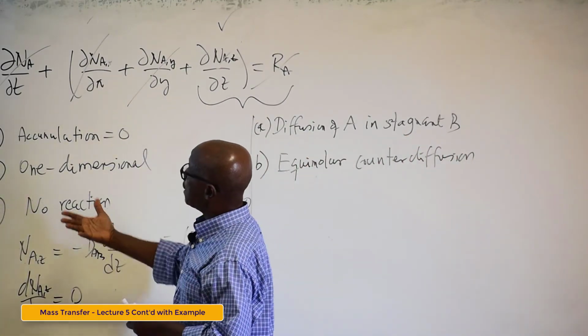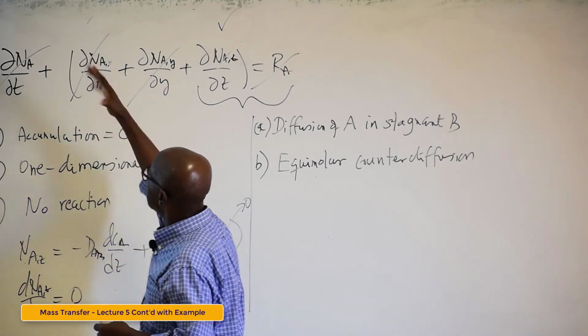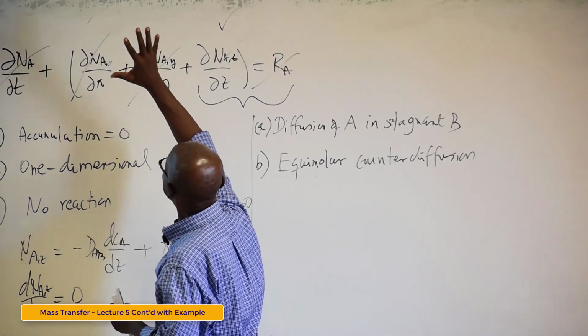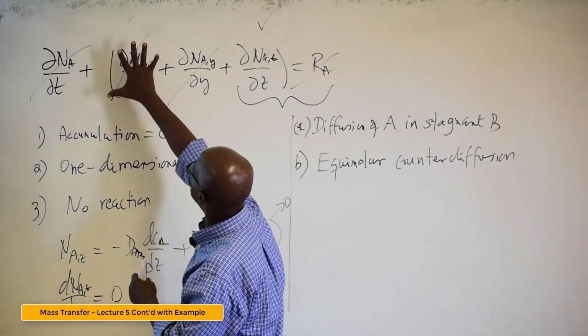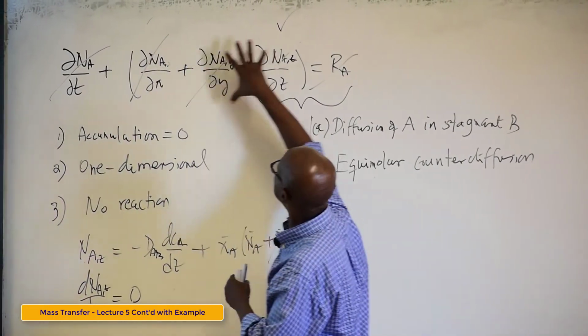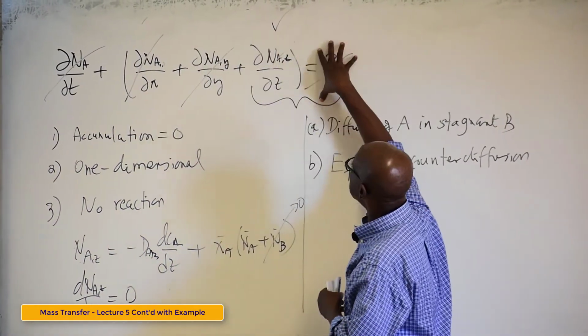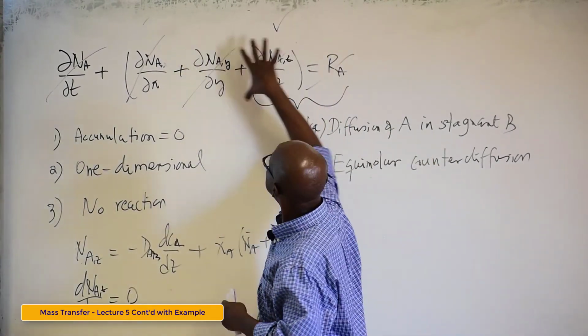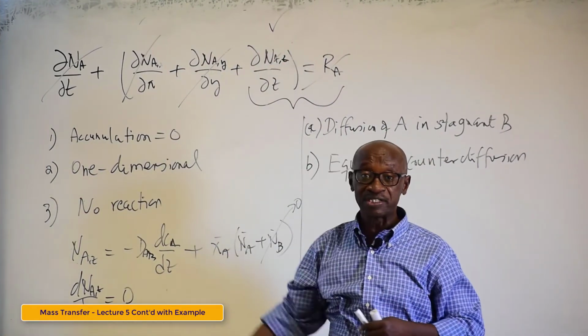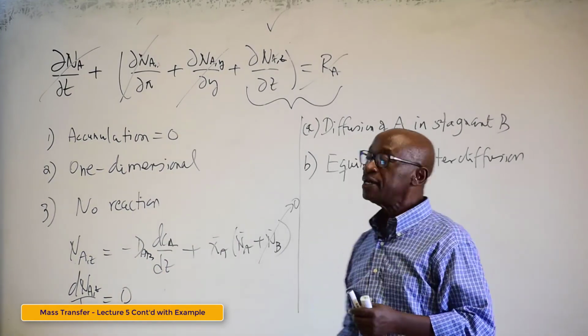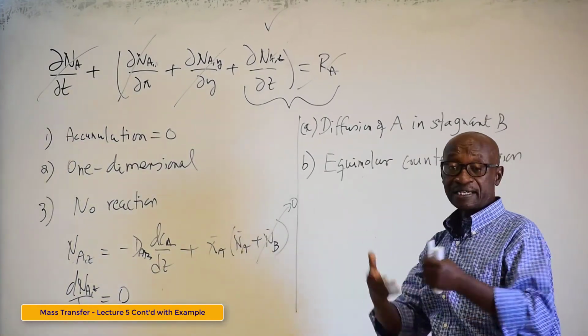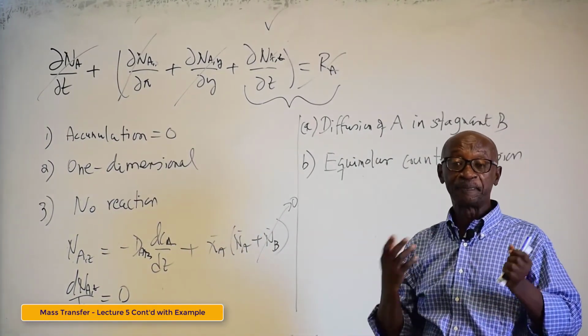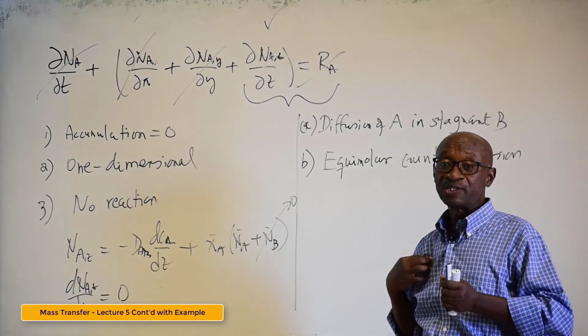And so once again, if we say it's steady state, then this one goes. If we say it's 2-dimensional, we can drop this, and then we'll be left with these two. And then if the reaction is also 0, then you just have to solve these two equations. That results in a different set of problems like the Laplace equation and so on.